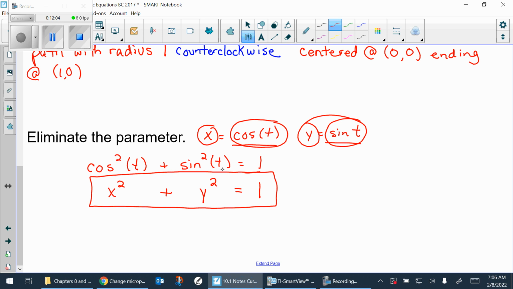So whenever you're given parametric equations that involve sine and cosine, this is something to work towards. Oftentimes you're going to be squaring them in order to get your equation where the parameter's been eliminated.